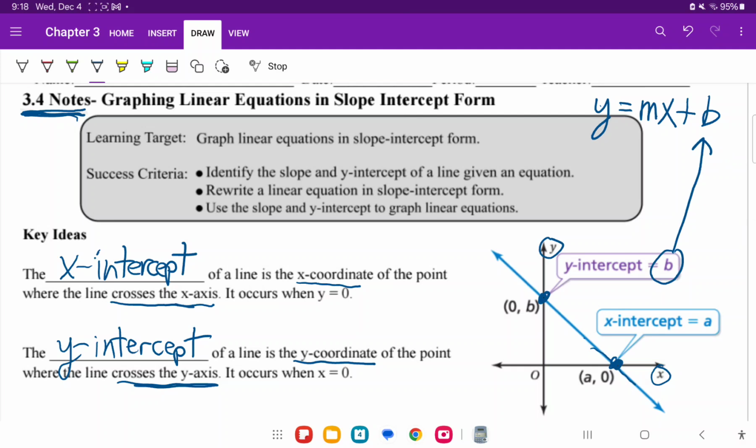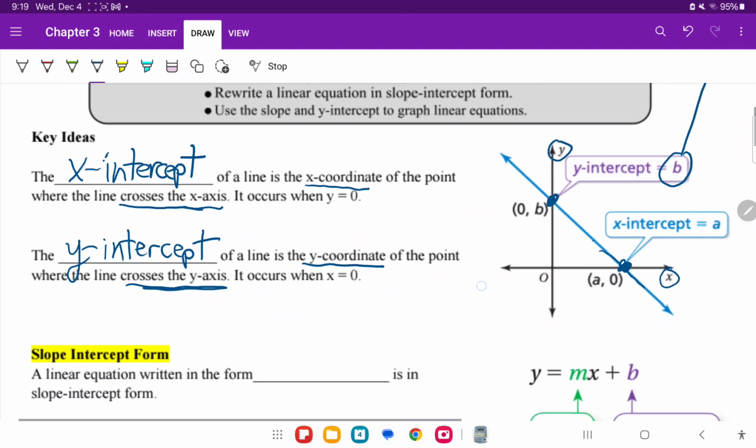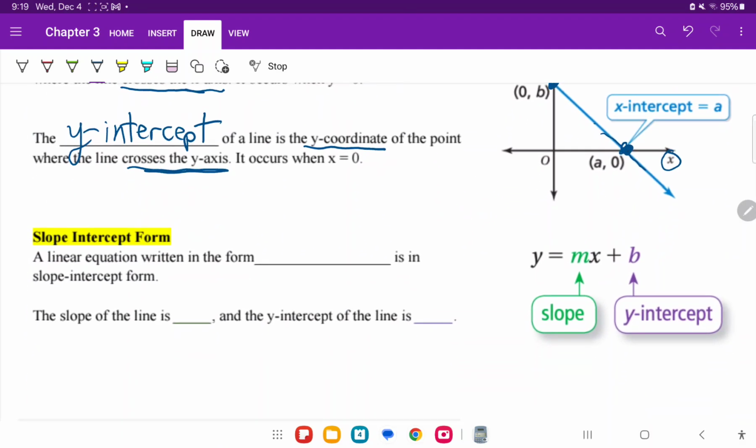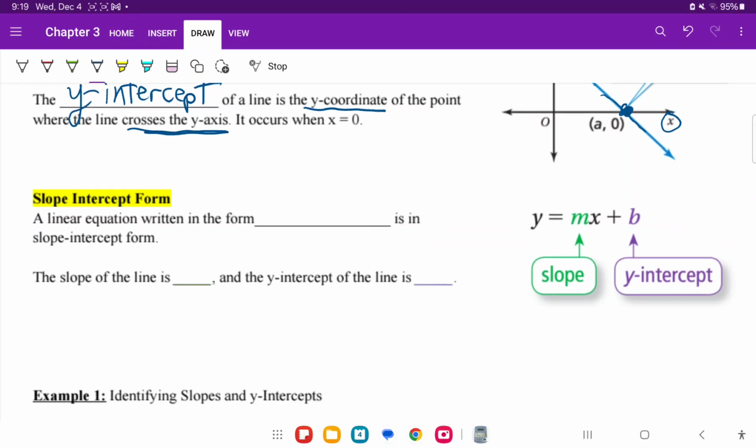Okay? So as we work with this, we have our lines, and they're going to cross the x-axis and the y-axis. Now we're going to look at something we're going to talk about a lot over the next several years of your math career, the slope-intercept form. Put an asterisk by that. This is a very important form of an equation that you're going to use a lot.